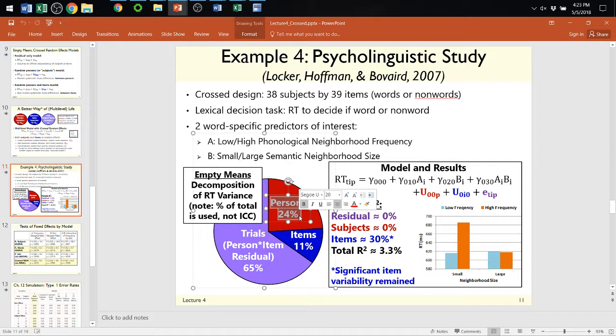This is pretty new to me, but is it conceptually similar to a level 2 interaction? Not really. What I would call a level 2 interaction would be between 2 time invariant predictors, like belonging to the same level 2 unit. If it was a person variable times an item variable, those are both level 2, but they're different level 2s, and so I'd still kind of call that cross-level.